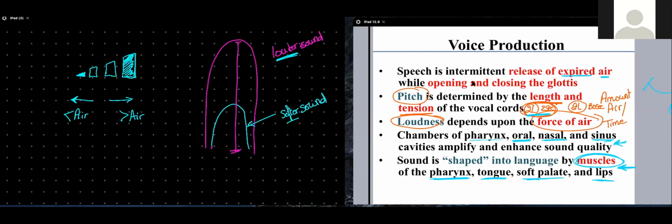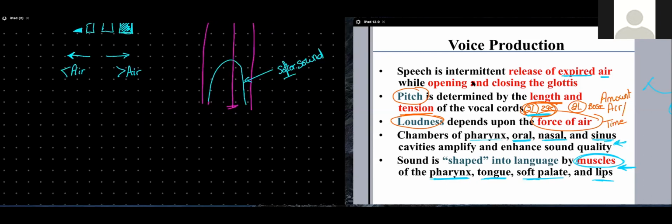So the amount of air is not only an amount, it's an amount in a time period, right? So more air per time is going to be determining the force of air that you're breathing out, and thus the loudness of a sound. Make sense?